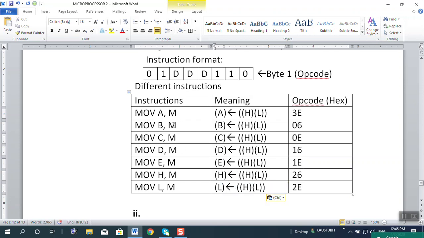Now the opcode, so move A, M. A is the destination, so here A means 1 1 1, so it is 0 1 1, then 1 1 1 0. So 0 1 1 is 7, 1 1 1 0 is E, so 7E.